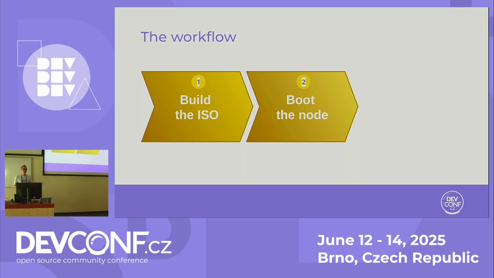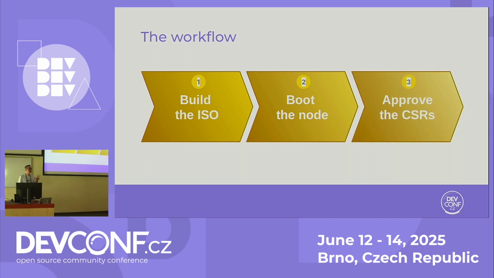At this point, the joining process will start, and the user will not have to do anything else than monitor how the joining process goes. And the third step was to approve the certificate signing request, which is something already present in the usual joining phase. Let's have a look in detail at each of these steps to understand better how they work.